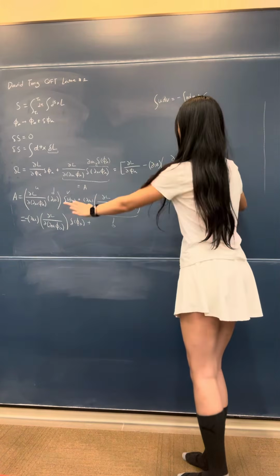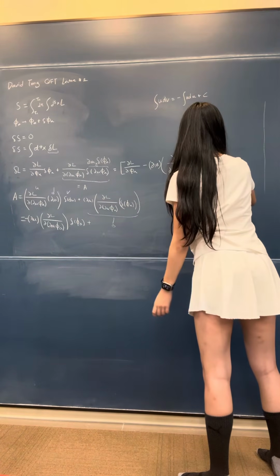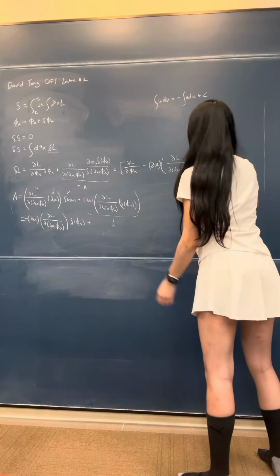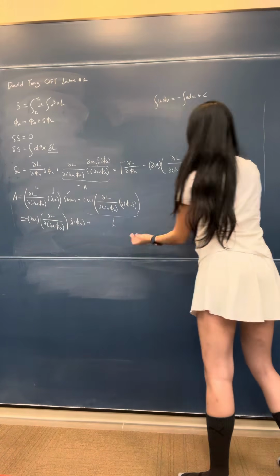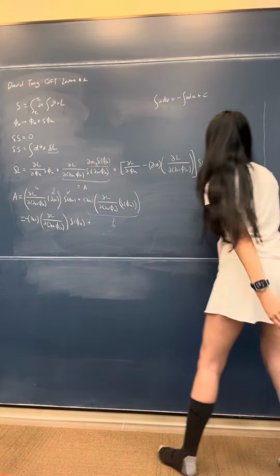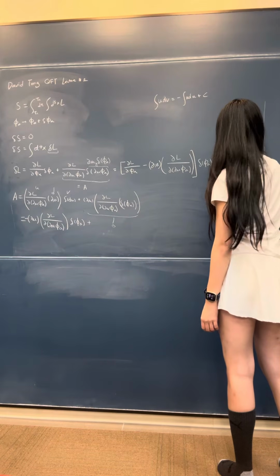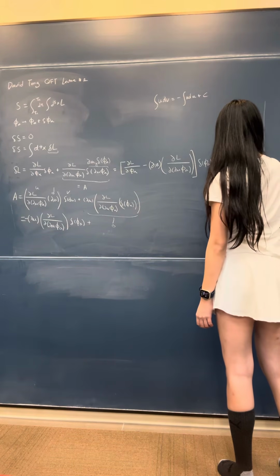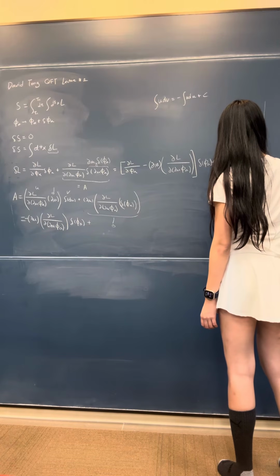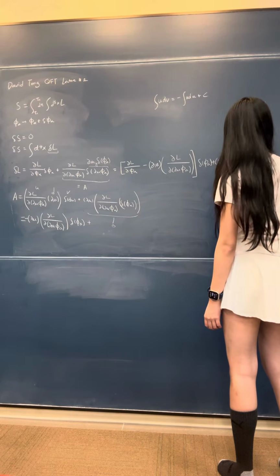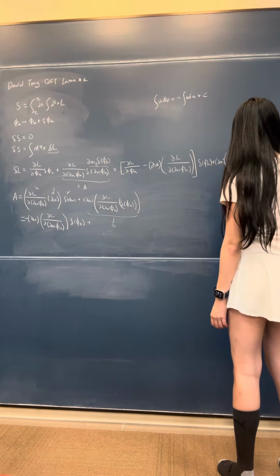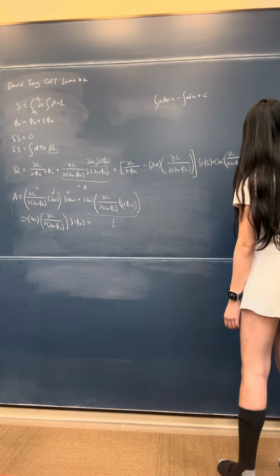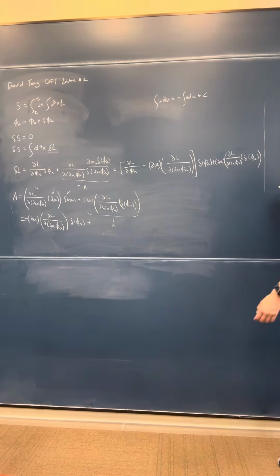Right? And then times this variation of the field, and plus this part. Can you still see it? Oh yeah, awesome.